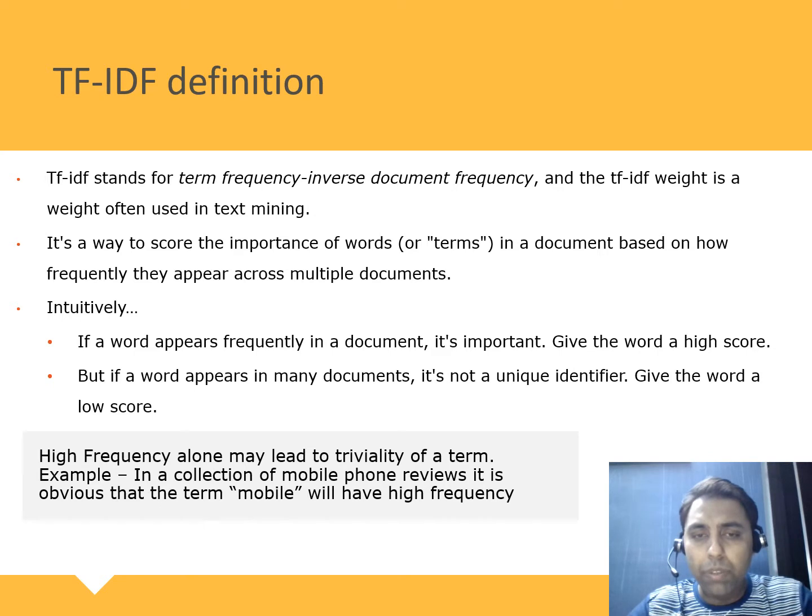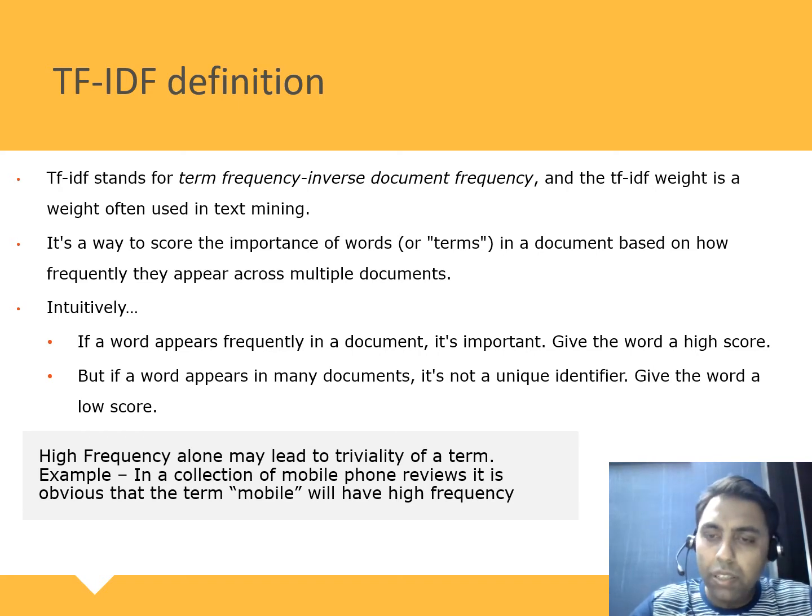So, for example, if you are looking at data of mobile phone reviews in any of the e-commerce websites or any of the e-commerce apps, obviously in all of those review collections, the term mobile will appear a significant number of times, right? Because it's the context word, it's the domain word, that is what for which the reviews are being written. So these kind of scenarios you can come across.